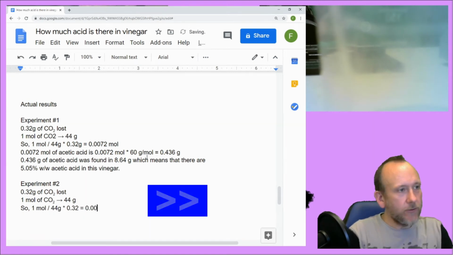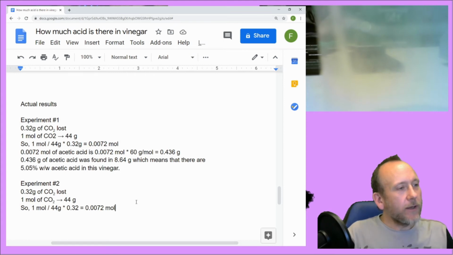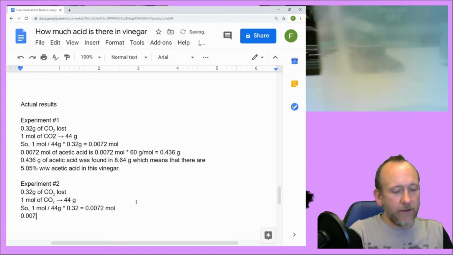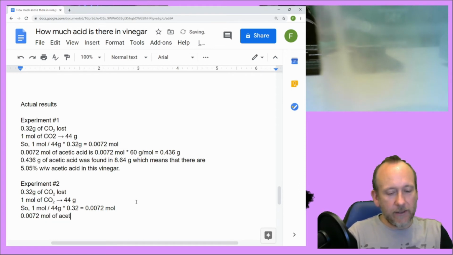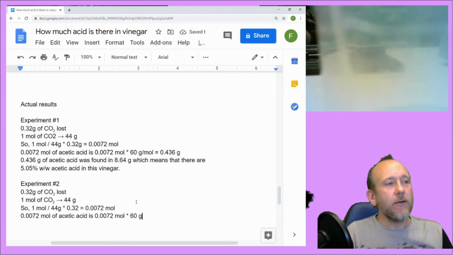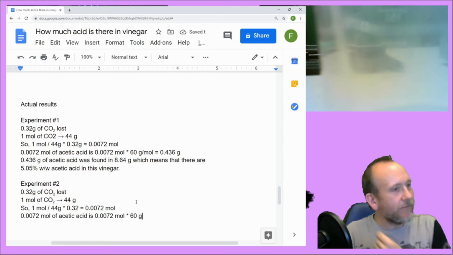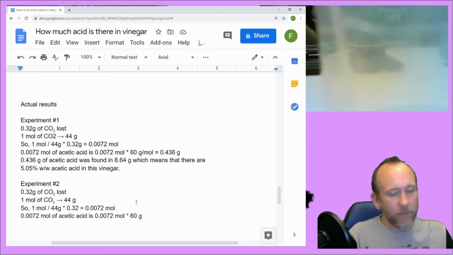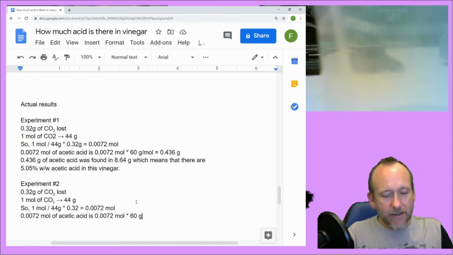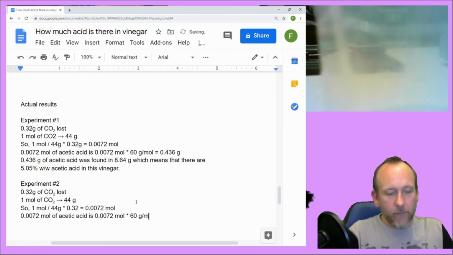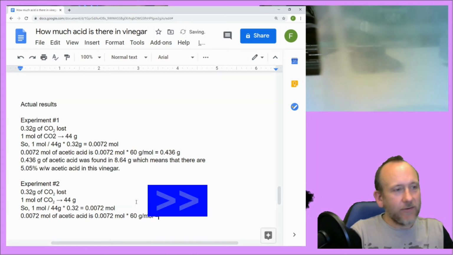So that's 0.0072 moles of the carbon dioxide, and that means that if I've used the same amount in moles of the acetic acid, but acetic acid of course has a different molecular weight. In order to get to the mass of acetic acid I need to multiply the number of moles by its molar mass, grams per mole, and what I get is of course exactly the same numbers.